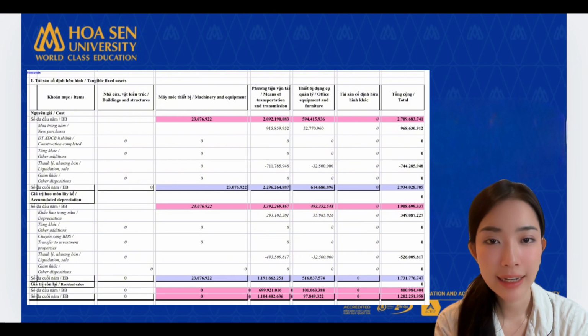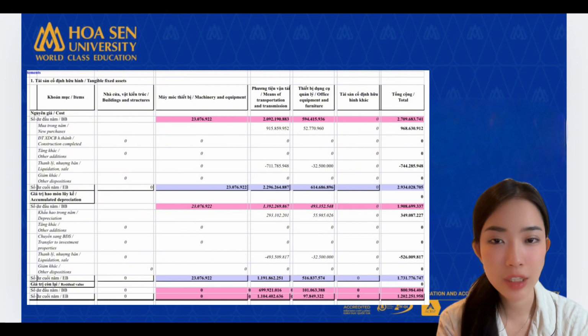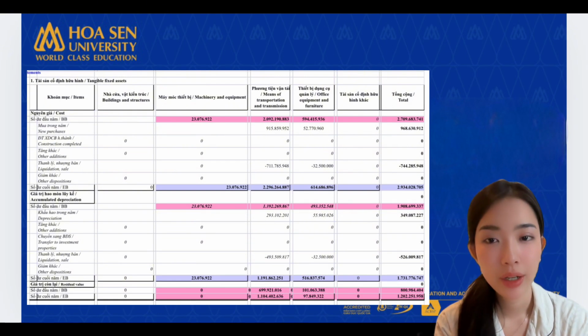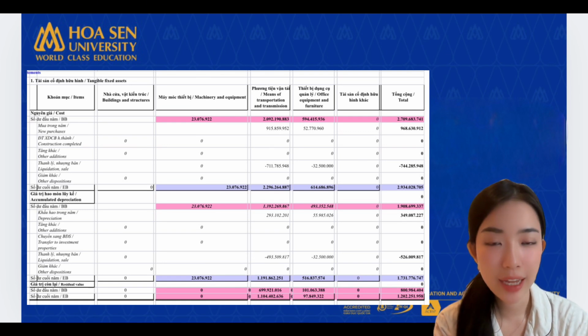The beginning balance of accumulated depreciation is recorded based on the accumulated depreciation section in the FA report. Depreciation expense for the year is recorded based on the depreciation amount in the depreciation calculation table. The year-end accumulated depreciation is based on the accumulated depreciation section in the depletion table. The same approach is applied to intangible fixed assets.